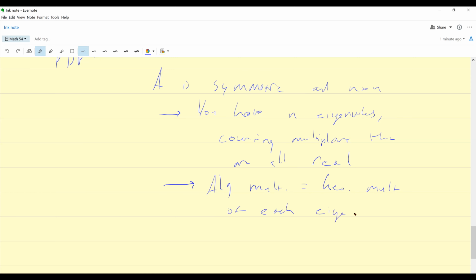And what does that mean for these eigenvalues? If we have some number of eigenvalues, but the geometric multiplicities are all equal to the algebraic multiplicities, what can we say about all these eigenspaces?